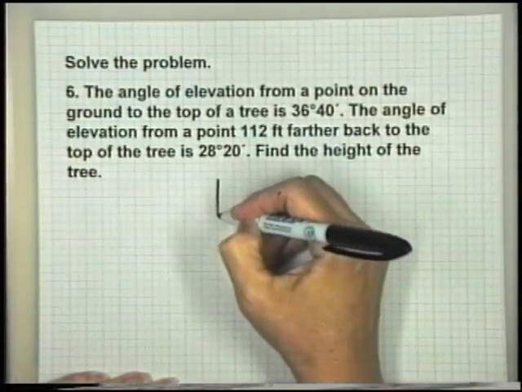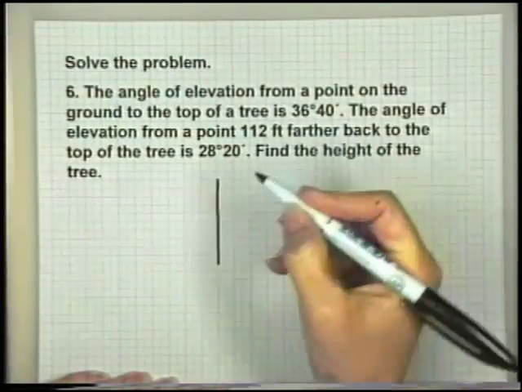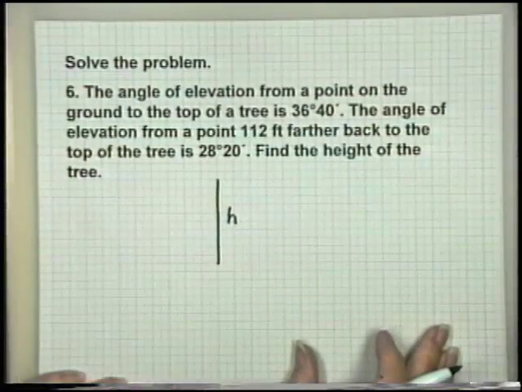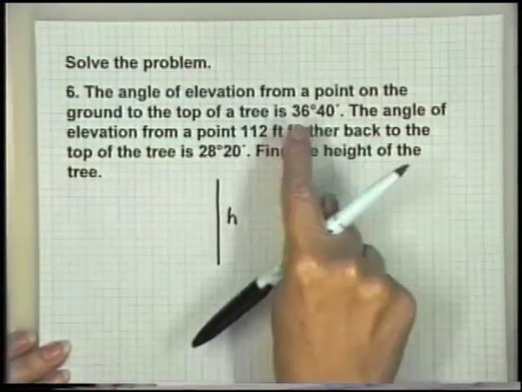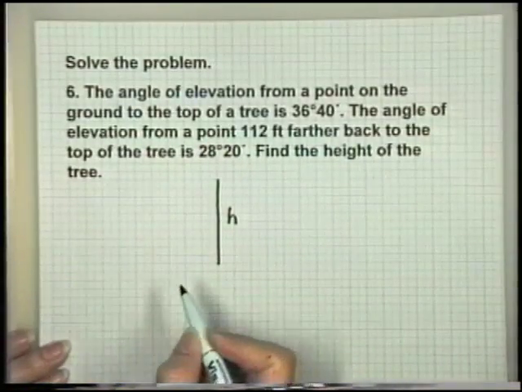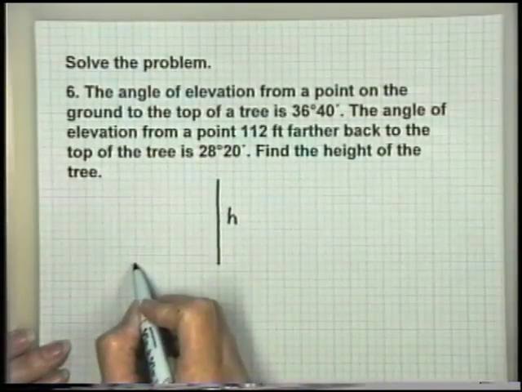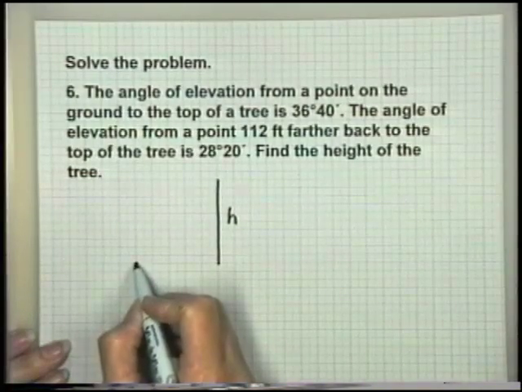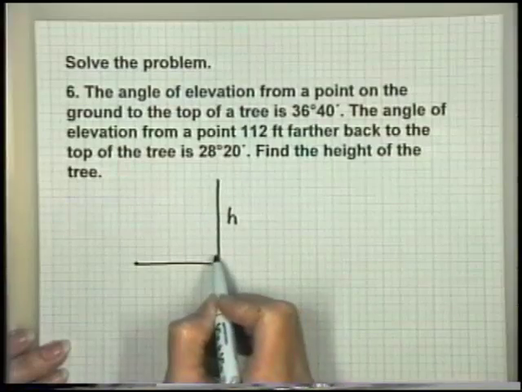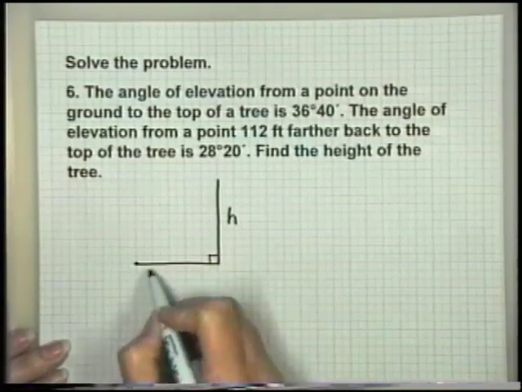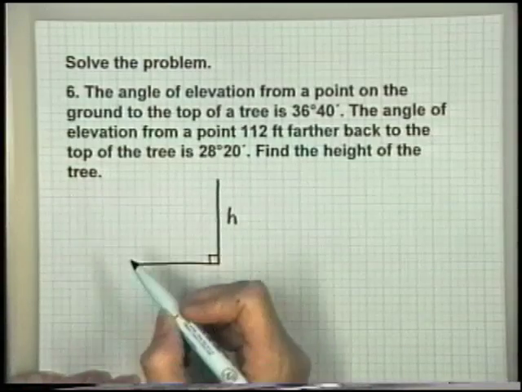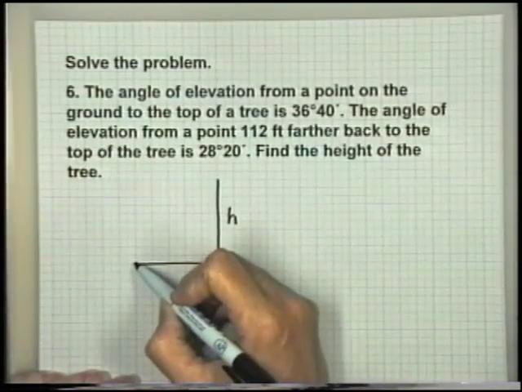Well, let's draw a sketch, and I'll let this represent my tree, and I'm looking for the height, so that will be h. And I'm told that the angle of elevation from a point on the ground, well, this will be my point on the ground, and we will assume that the tree is perpendicular to the ground, forming that 90-degree angle.